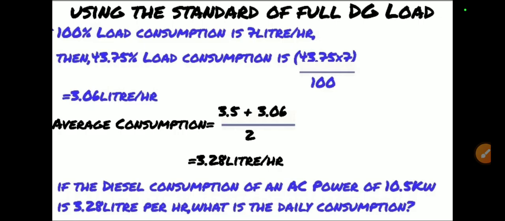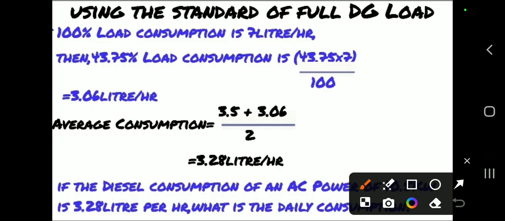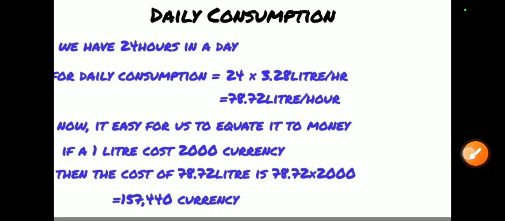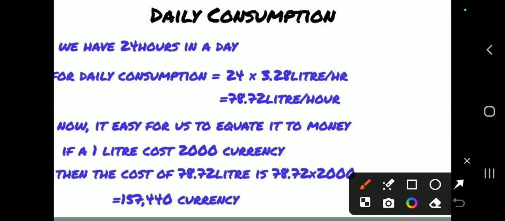Now with this, we can also calculate the daily consumption. We have 24 hours in a day. So the daily consumption will be 24 times 3.28 liters per hour.